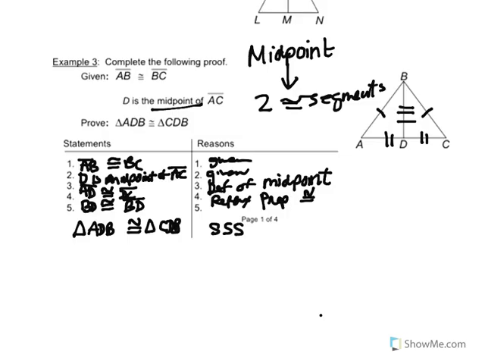Now I want you to remember, anytime you're giving a proof, anytime we come to a conclusion and we say this is the reason, there has to be statements that we've made on here that give us the ability to write this down. So let's look here. Let's find where we prove this SSS in our proof. Well, in statement 1, we have AB is congruent with BC. There's one side. Now the midpoint statement doesn't do anything for us, but here on statement 3, we have AD is congruent with DC.